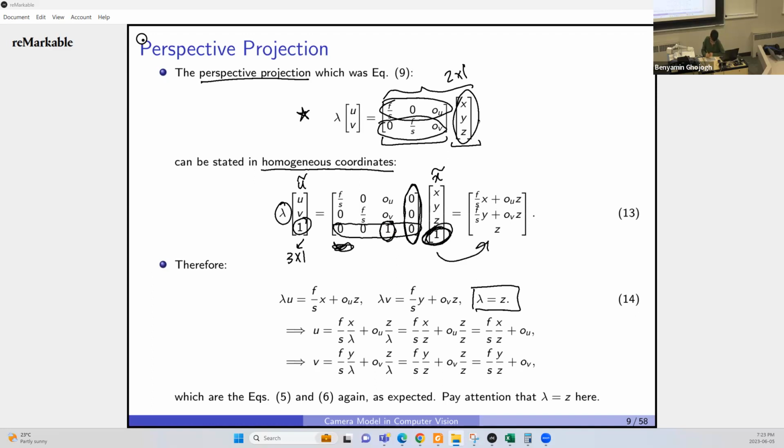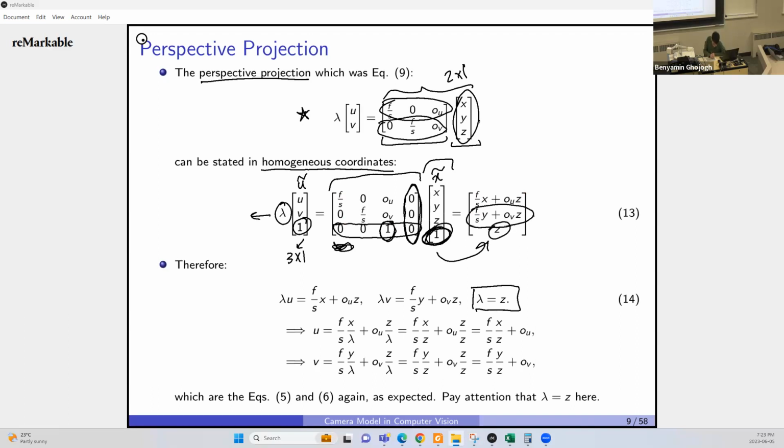Exactly, I have simplified it here. So I will have f over s times x plus ou times z, right? Just multiply this matrix by this vector. For the second row, we'll have f over s times y plus ov times z. And for the third row, we'll have z.